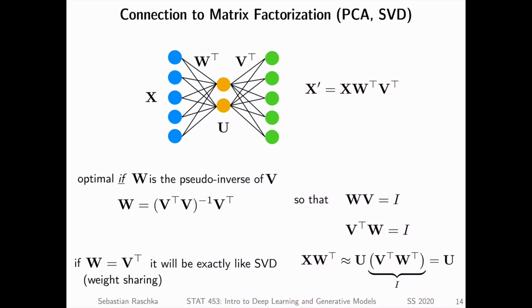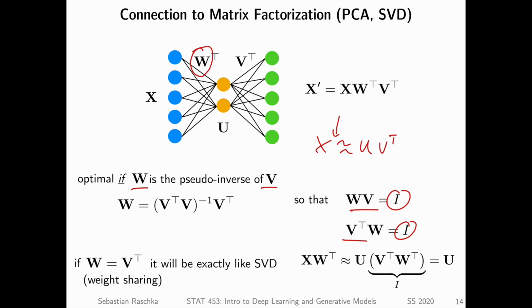Now if I have an actual autoencoder where I have a weight matrix W, then we have the optimal solution to the minimization problem if W is the pseudo-inverse of V, so that if I multiply W and V, I get the identity matrix, and if I multiply V transpose with W, I get the identity matrix. In the previous slide we had X, U, V transpose.